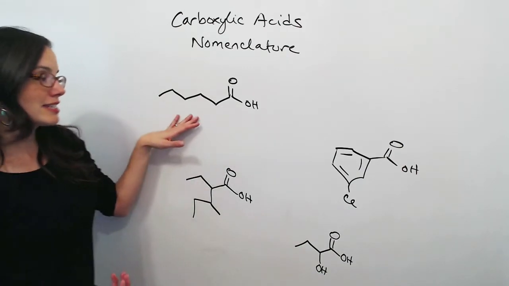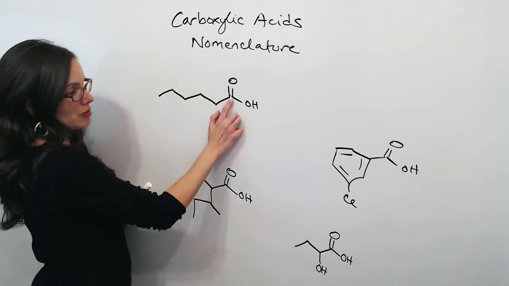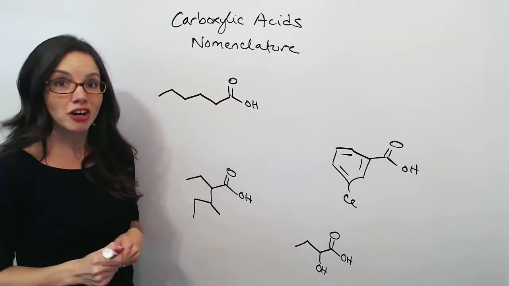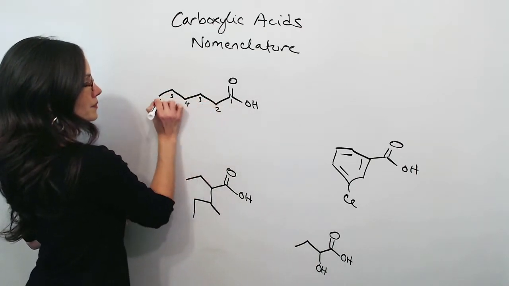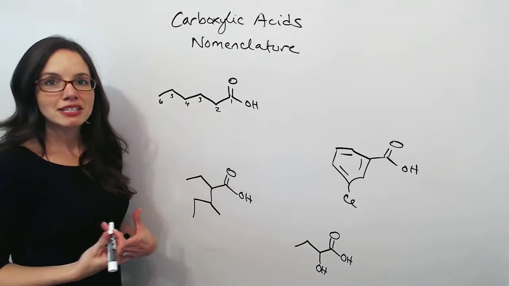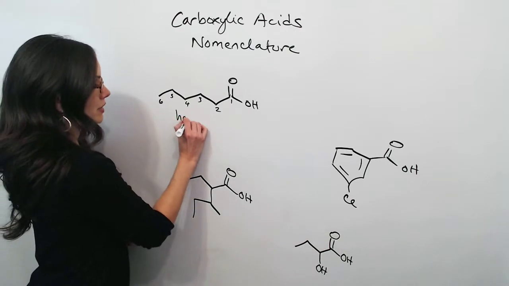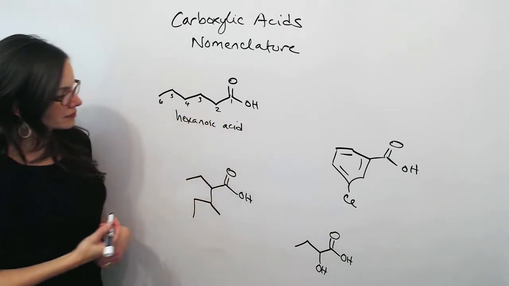So if you're going to name this compound, we want to find the longest carbon chain that contains the carboxylic acid group, and then of course we know that the carboxylic acid group is going to be on carbon 1. So we'll number this way. This would be a hexane chain, but when you have a carboxylic acid, you give it the oic acid ending. So we'd call this hexanoic acid.